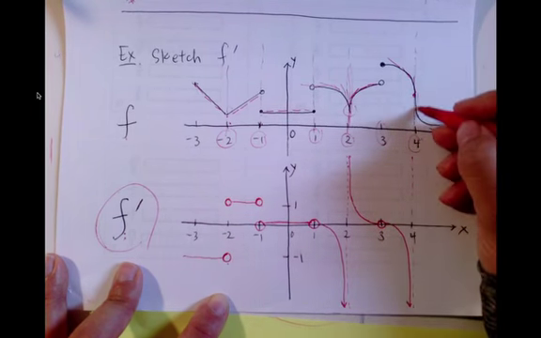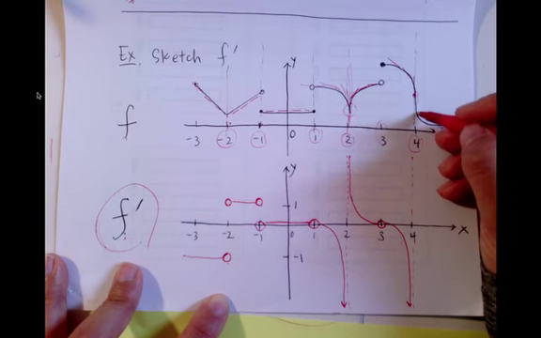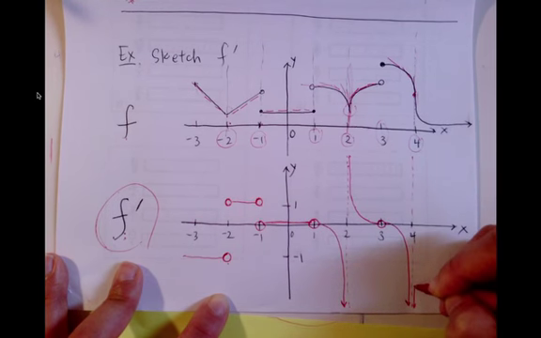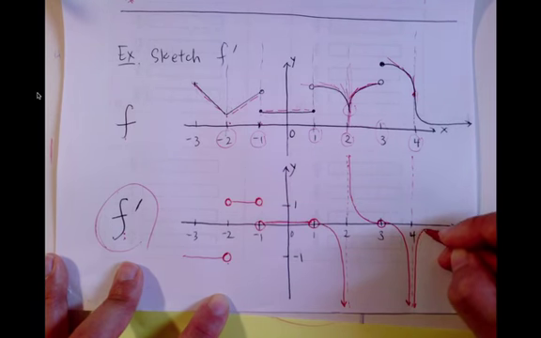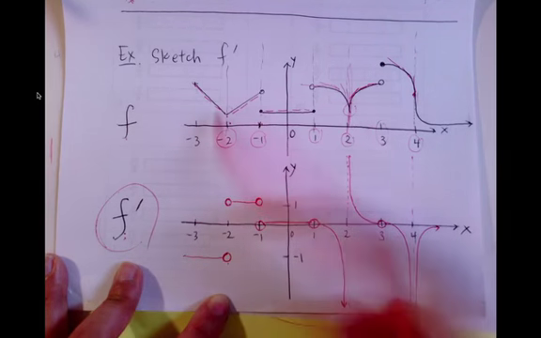Over on the right-hand side, the slopes are still negative, but they're going from very steep to less steep, so maybe the tangent line starts to look like something like this and starts to approach 0 like this. So that's a rough sketch of the derivative of this very difficult function.